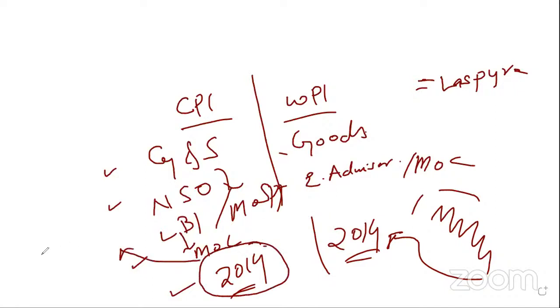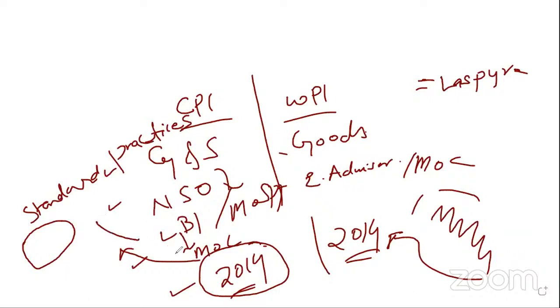And CPI is in line with international norms. When we made terms with the IMF, we told them that we will slowly realign all our methodology with the standard practices used by the IMF. So in that step, we tried to shift from WPI to CPI.